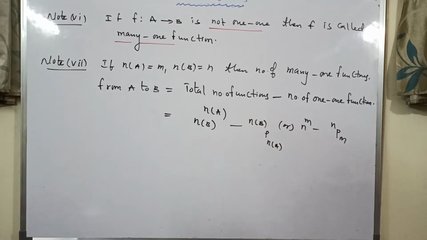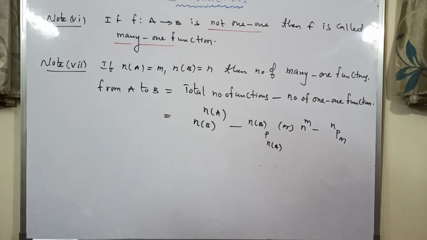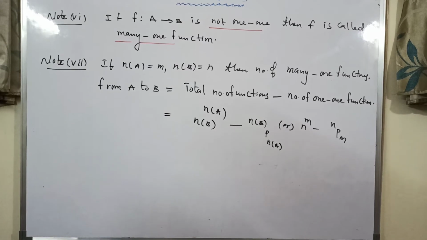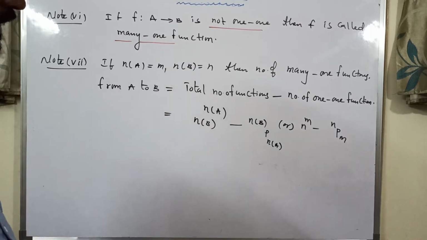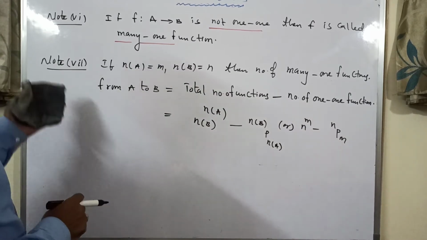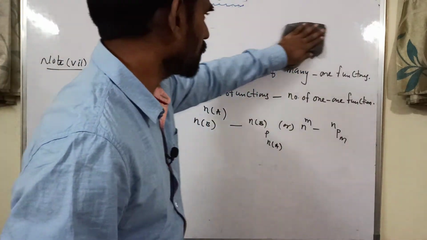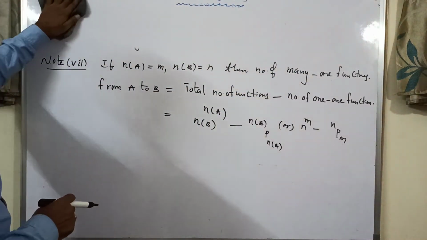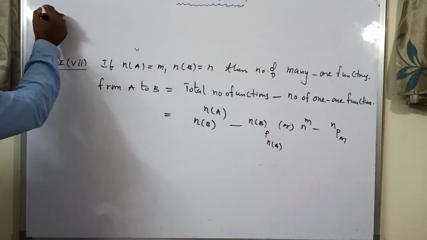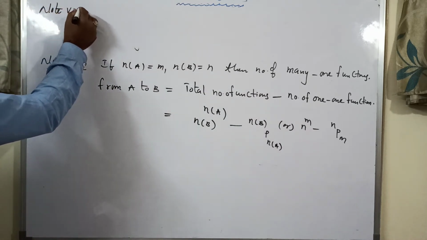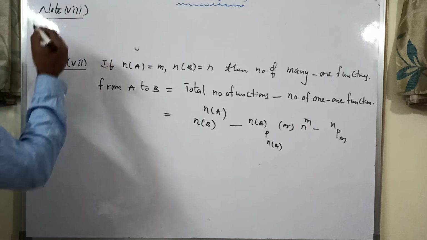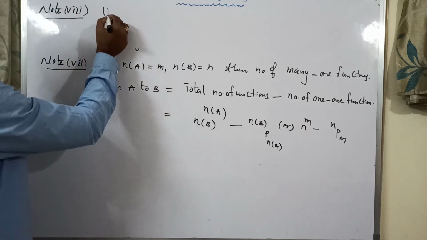Next, I am going to write note 8. One more method is there to prove 1-1 or not: the graphical method, also known as the horizontal test. Note 8.